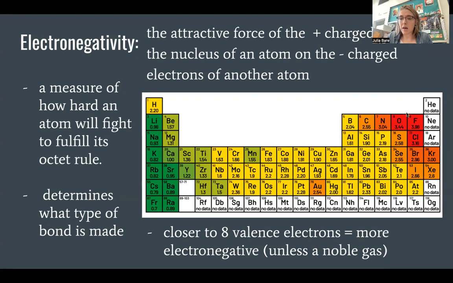If an atom has more valence electrons, that makes it more electronegative. So if we're looking at the periodic table, these red elements up here are extremely electronegative, everything besides the noble gases, because the noble gases have all 8 electrons. They are good to go. They don't need any more electrons, right?